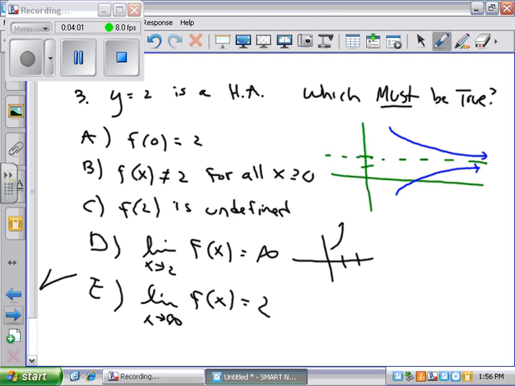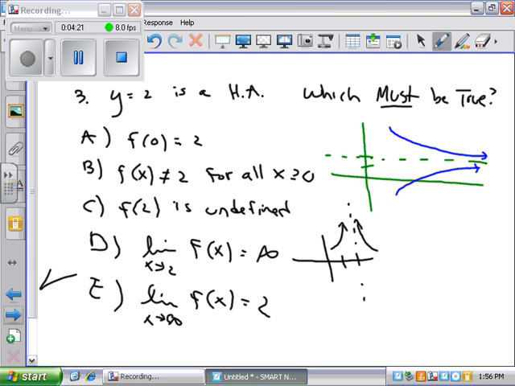So in D, they're talking about a vertical asymptote. This just says f of 2 is undefined. You could just have a hole there, you know?